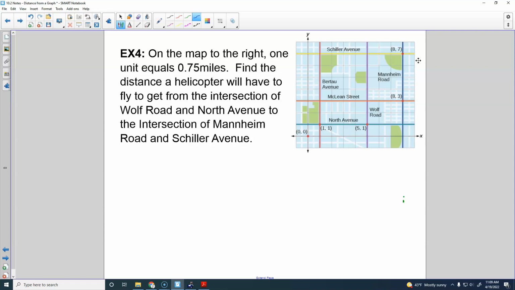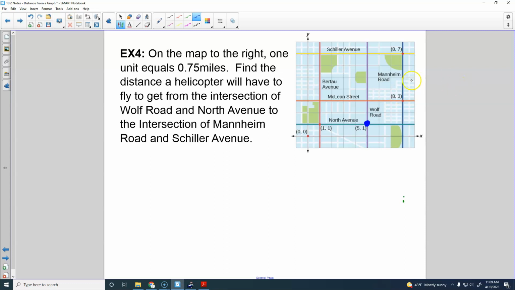So first we need to think about which points we're talking about. If we're looking at the intersection of Wolf Road and North Avenue, we've got Wolf is right here, North is right here, so we're talking about this point right here. And then we've got to get to the intersection of Manheim and Schiller.